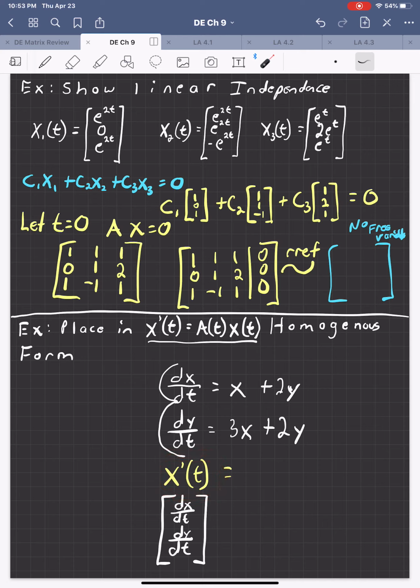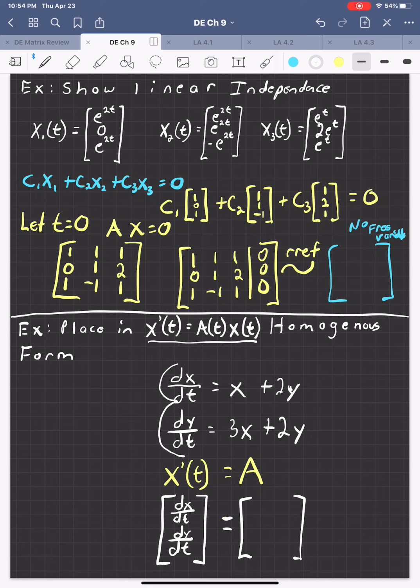Now, normally you don't have y's. Normally you would have x's, x sub 1s, x sub 2s, x sub 3s. But let's go ahead and continue. So now we would have to figure out what is the A. Well, in this case, the A is simply going to be the coefficients of the variables on the right hand side of the equation.